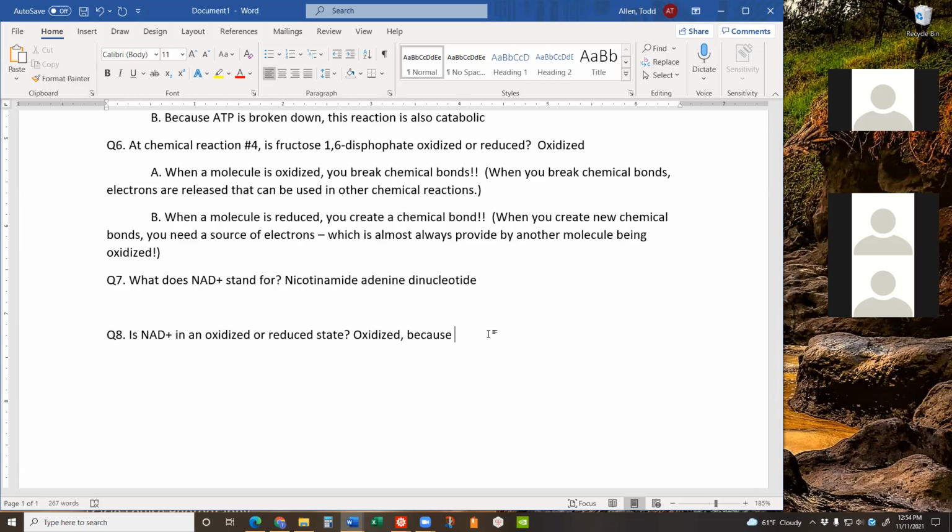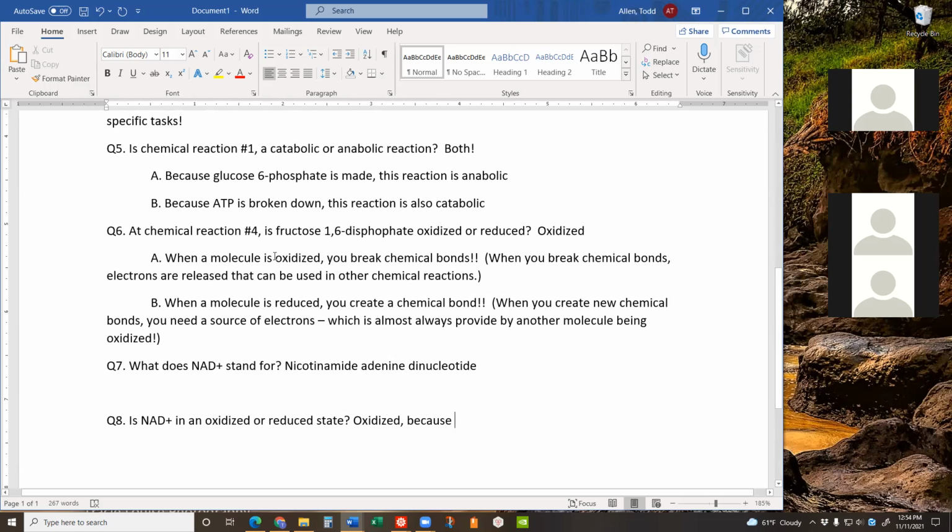What satisfies the condition where we lose electrons? Oxidation, because we just defined it up here. When a molecule is oxidized, you break chemical bonds. When you break chemical bonds, electrons are released.